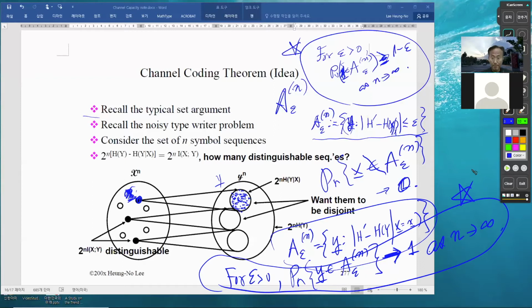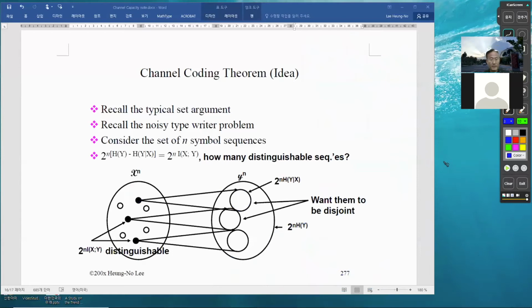The size of this typical set is equal to 2 to the power of n times the entropy.